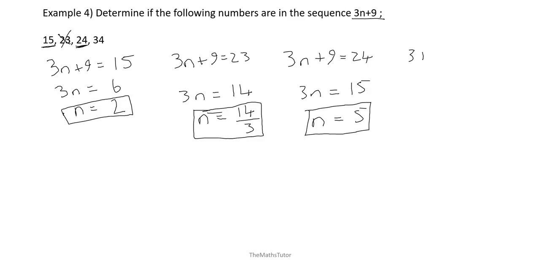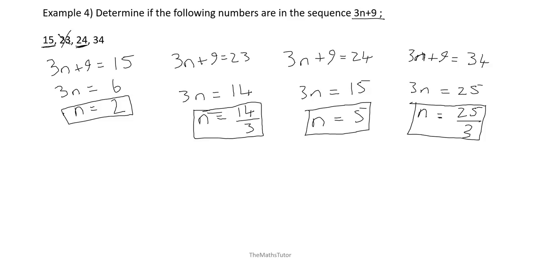Now if I do the last one, which is 3n plus 9 equal to 34, this will give me that 3n is equal to 25, which will give me n is equal to 25 divided by 3. 25 is not divisible by 3, therefore this is not a whole number. And therefore you can conclude that 34 is not part of the sequence.